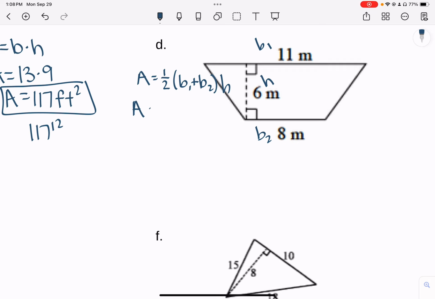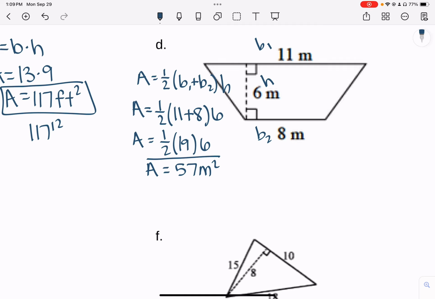So we're going to write area equals 1/2. Base 1 was 11, base 2 is 8, and then height is 6. So I'm going to take 11 plus 8 would be 19, and then I'm going to multiply all those pieces in there. So area equals 57 m squared.